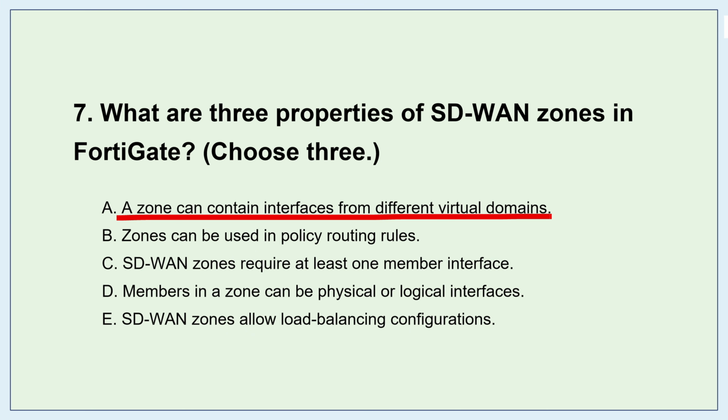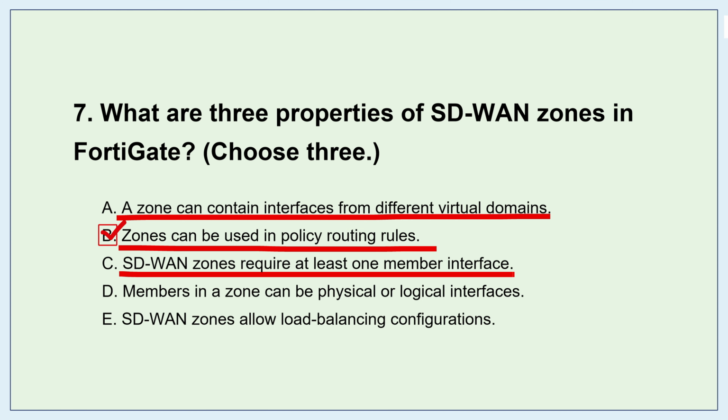Incorrect. SD-WAN zones can't include interfaces from different VDOMs. Each VDOM manages its own zones. Correct. Zones can be used in policy routing to control traffic paths based on rules. Incorrect. You can create an SD-WAN zone without adding interfaces right away.